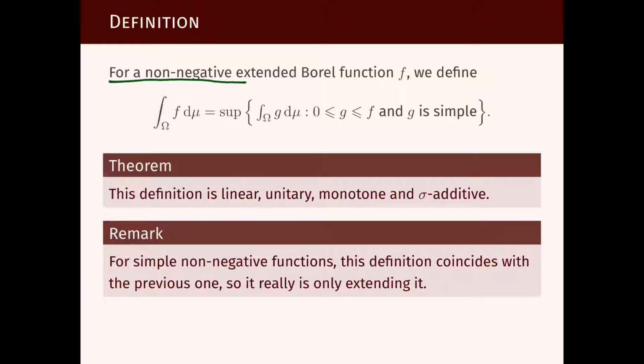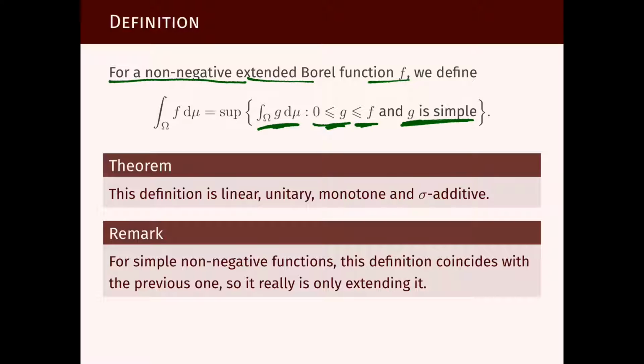We have a non-negative extended Borel function f, and then we consider simple random functions g, which are also non-negative, below f, and we compute the integral of those that we know already because we have defined this in the previous video lecture. These are simple measurable functions.